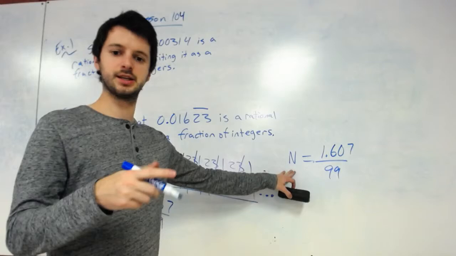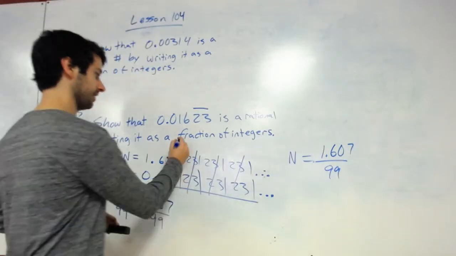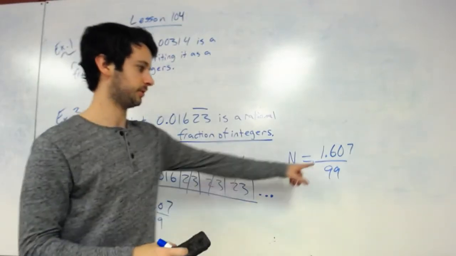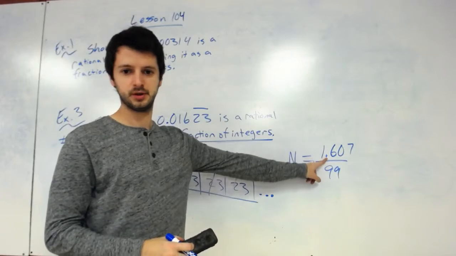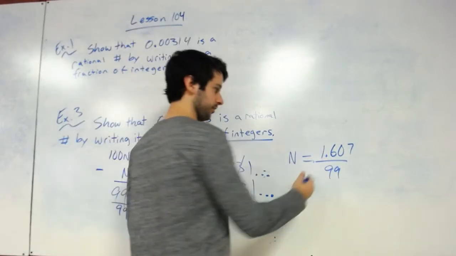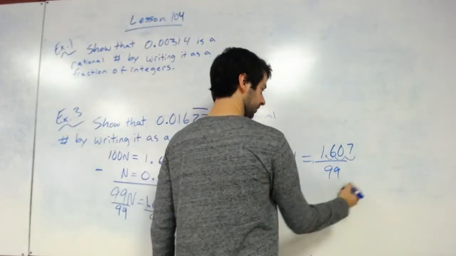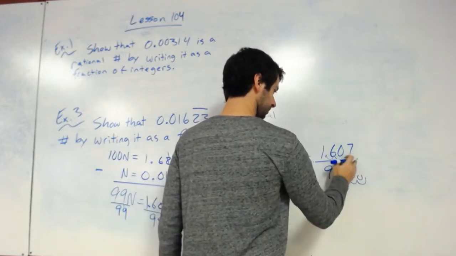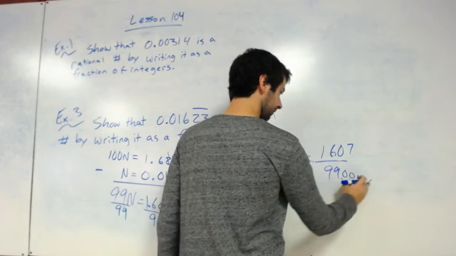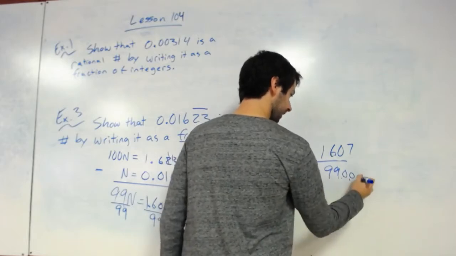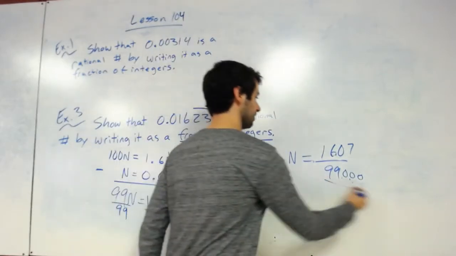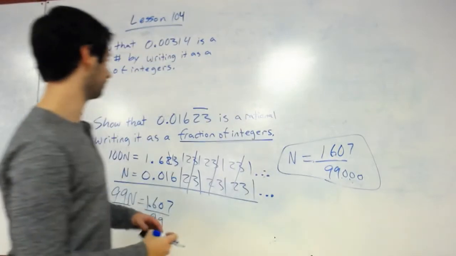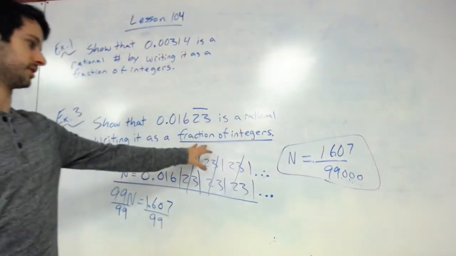The last thing we have to do, remember we're writing this as a fraction of integers, so we can't have the decimal. So what we need to do is move the decimal 3 times to rewrite it as a fraction of integers. So this would be your rational repeating number as a fraction of integers.